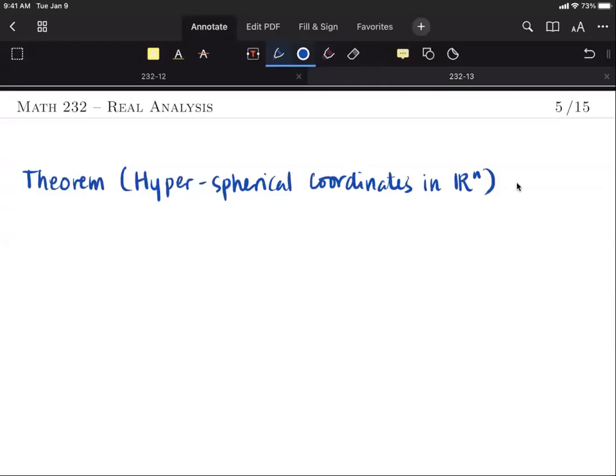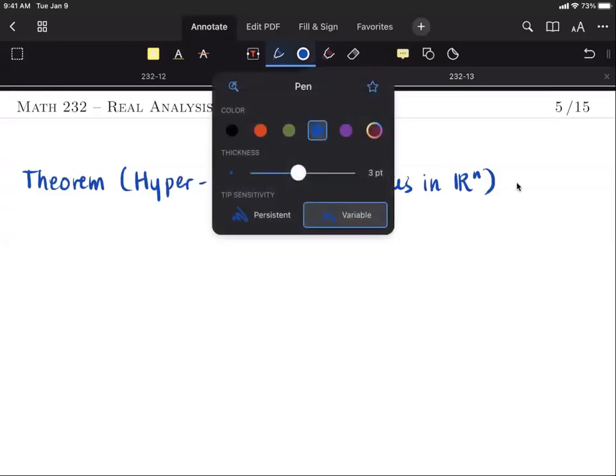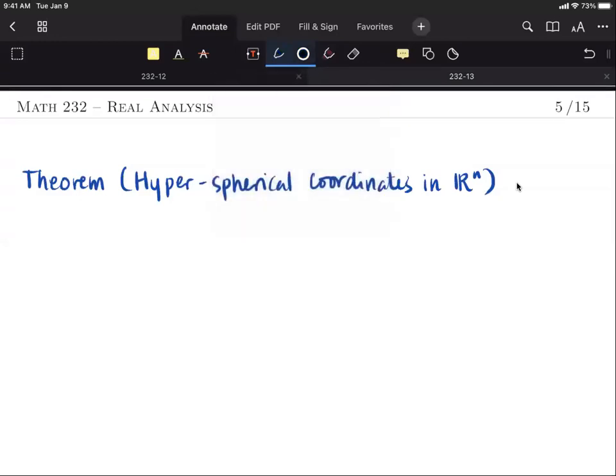There's a generalization of the spherical coordinates in n dimensions, and these are called hyperspherical coordinates. And this will be illustrated in the succeeding theorem.